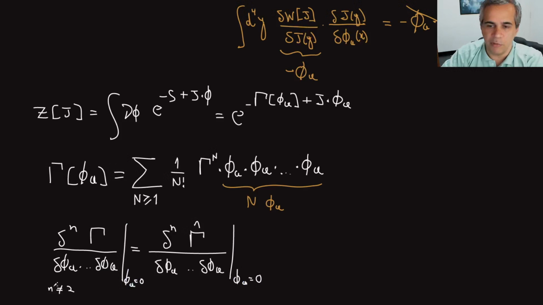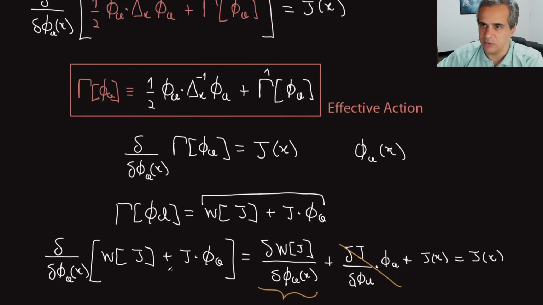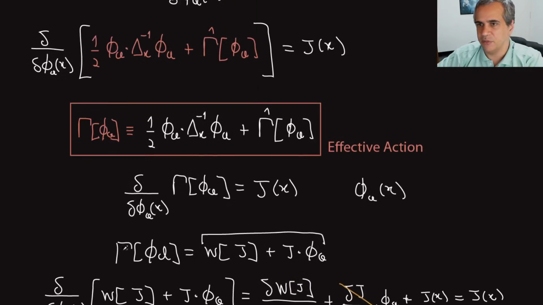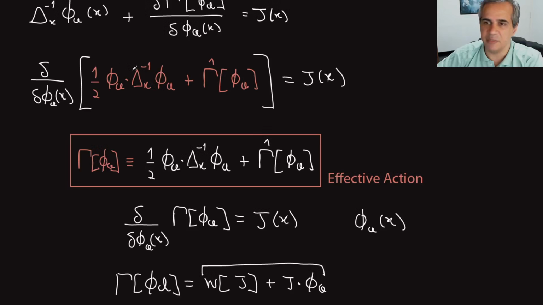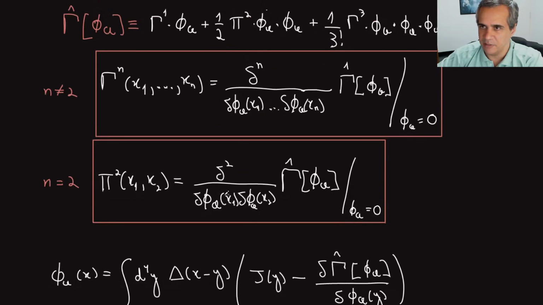So for any of the 1PI functions with n different than 2, I have already shown that this is a generating function, because I'll get to the same equation I had before. This term disappears if the number of derivatives is different than 2. I get only this, and then I have this equation right here, and I generate all the 1PI functions.